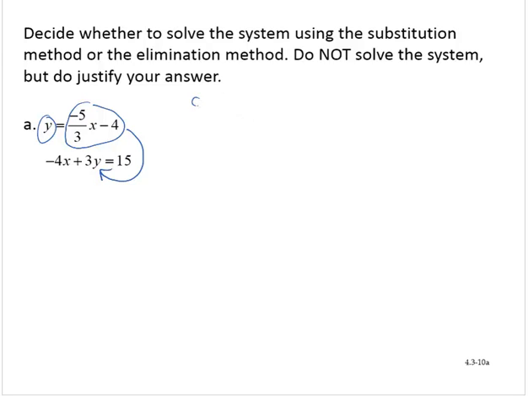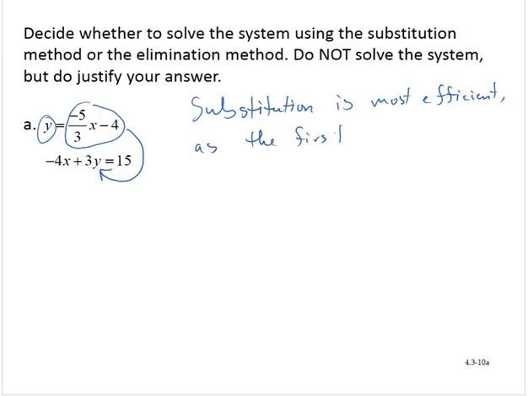So I would say substitution is most efficient as the first equation already has one of the variables isolated.